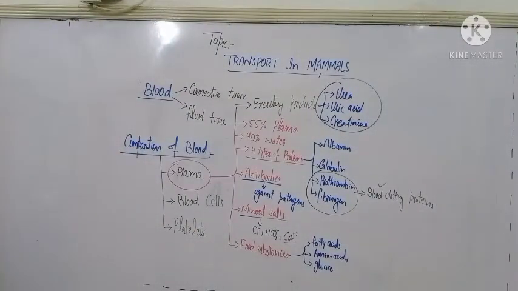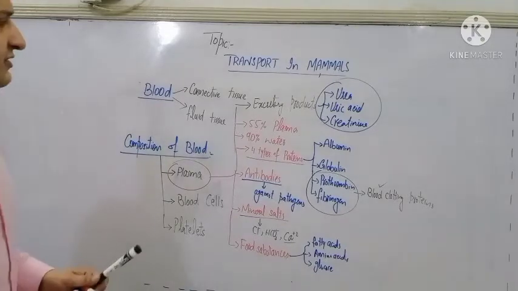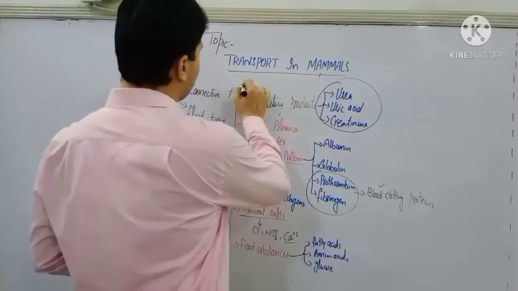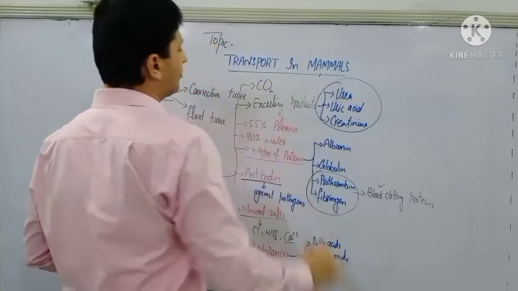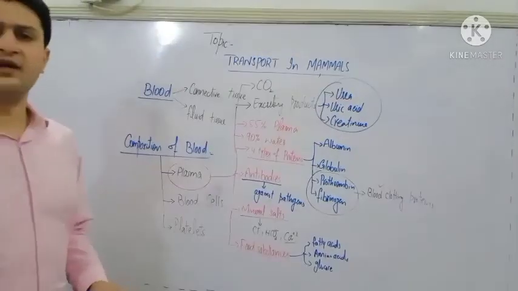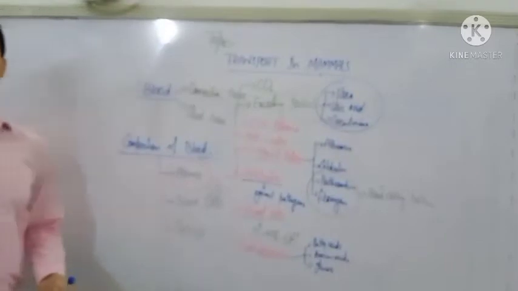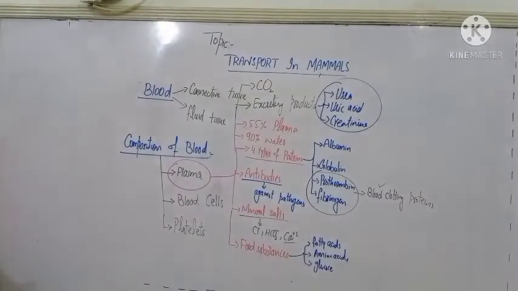Plasma also contains carbon dioxide. You know, carbon dioxide gas is also an excretory product in our body, so it has to be removed. With the help of plasma, this carbon dioxide gas comes in contact with the lungs, and then it is excreted out.